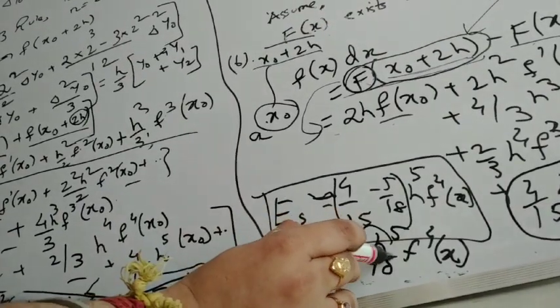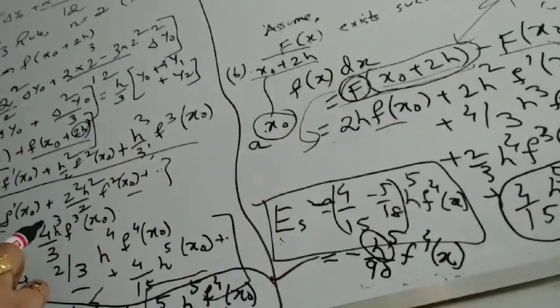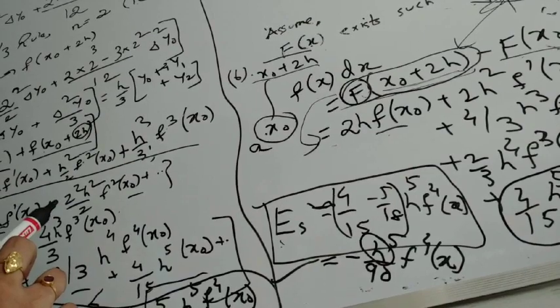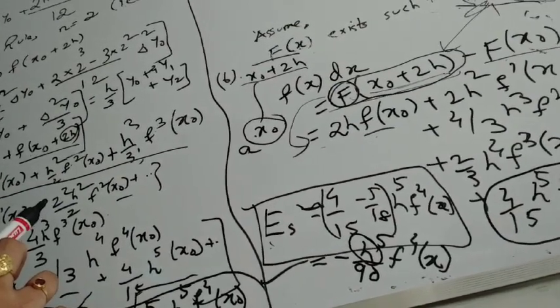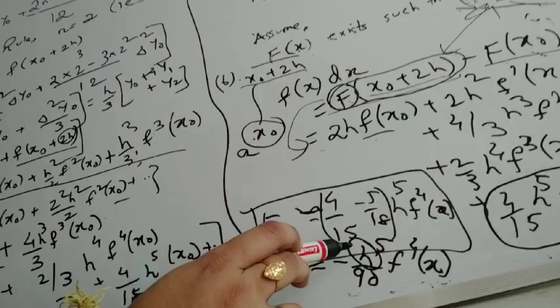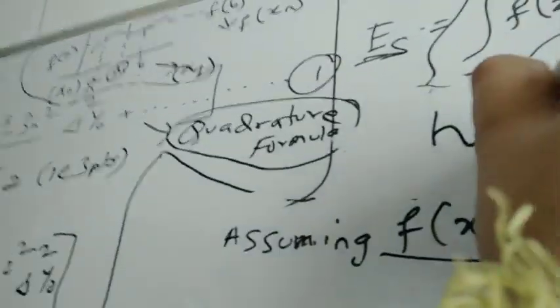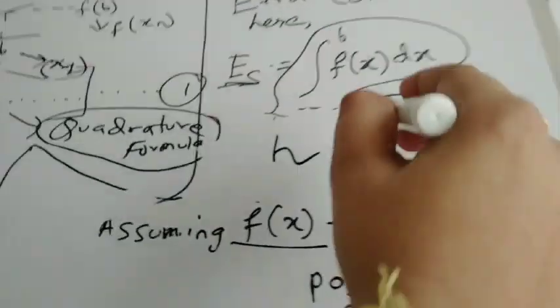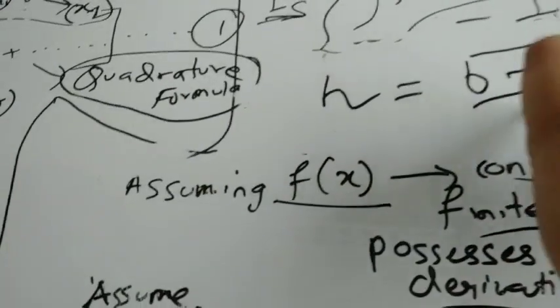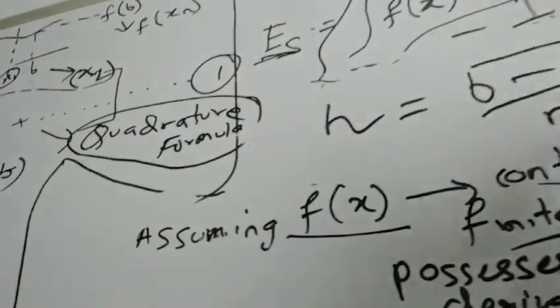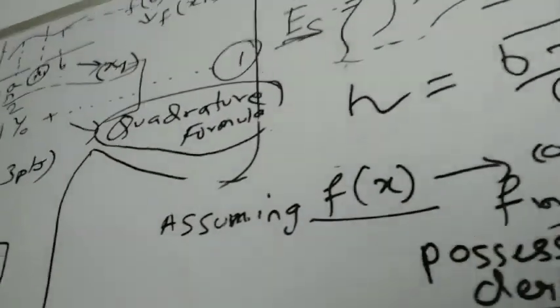Now you can do one thing: you can replace this h by b and a. Do you know what is the relation between b, a and h? h is basically (b minus a) by n. For this case n equals 2.